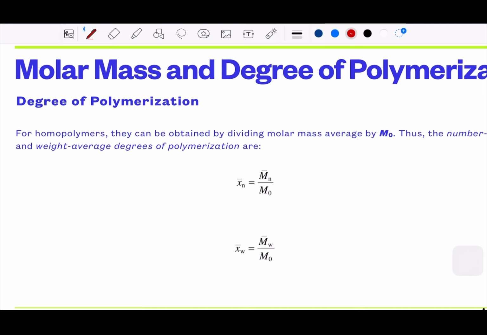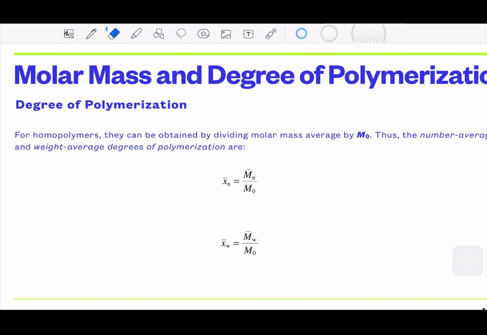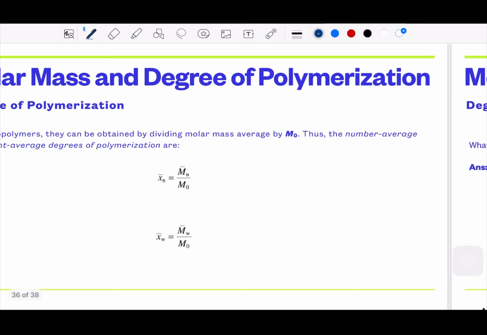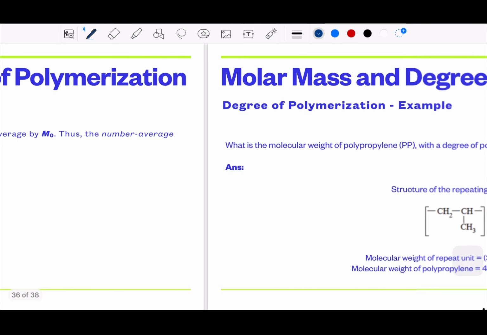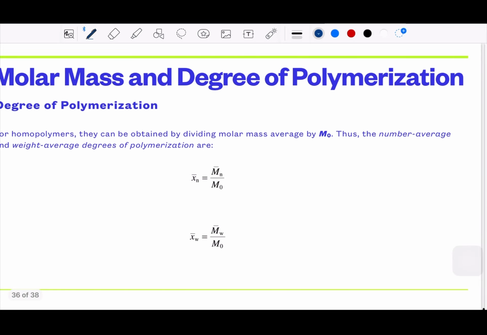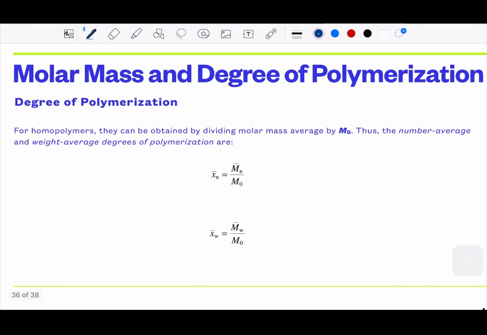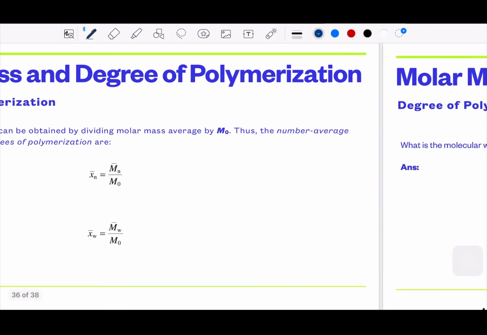Two different perspectives, and we are going to see now why they are different. So this is the degree of polymerization.